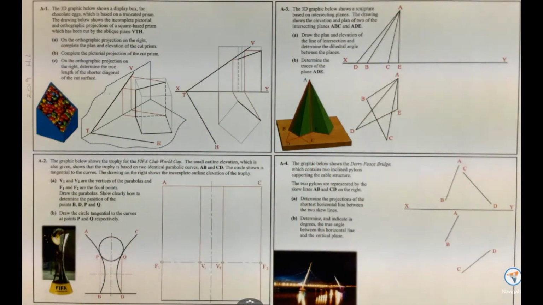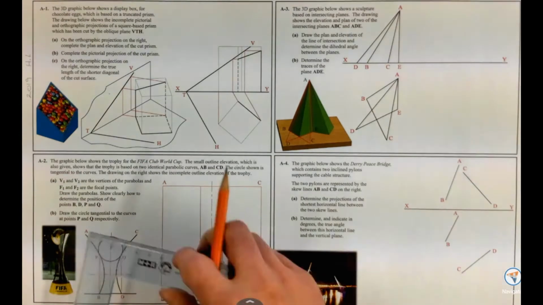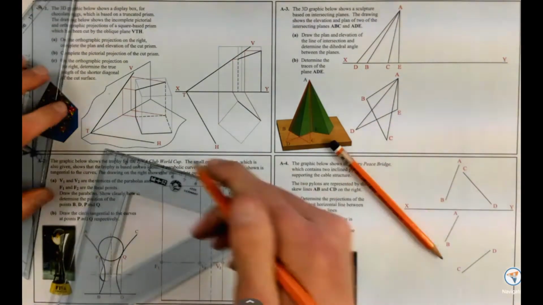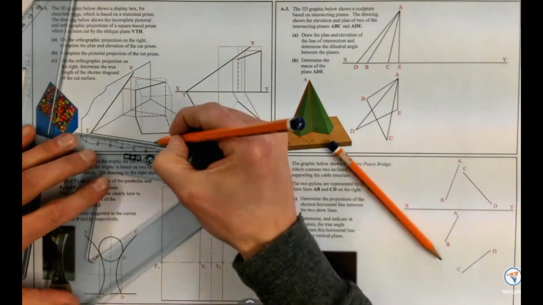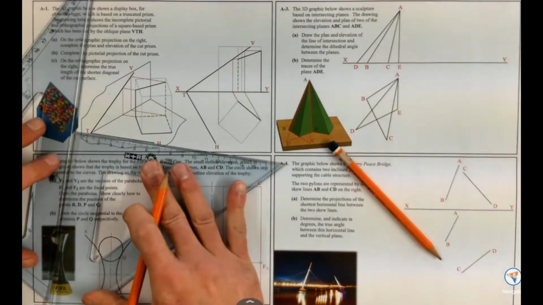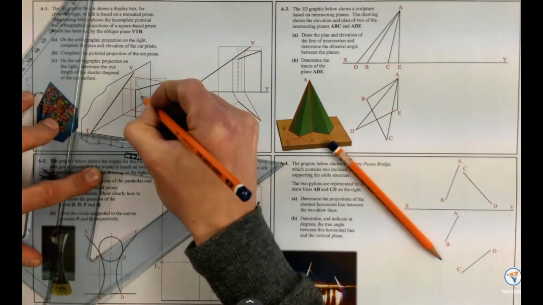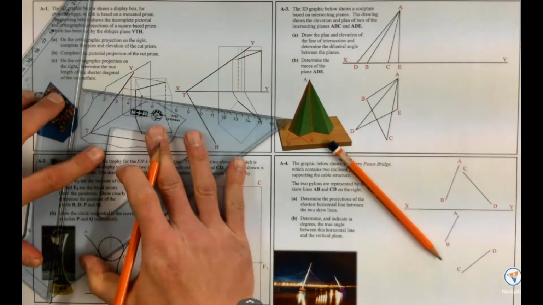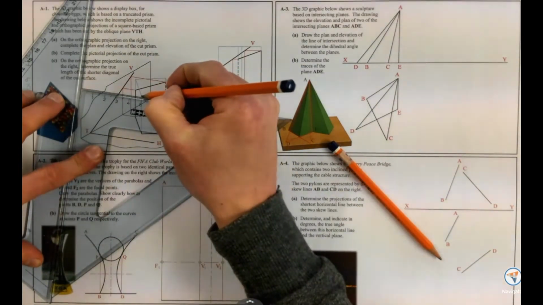The way we're going to set this up is we're going to use horizontal lines. For example, I'll use the 3D view. I've got a horizontal line here, HT. If I draw a horizontal line from this corner here, I'll draw it horizontal to hit the vertical plane.